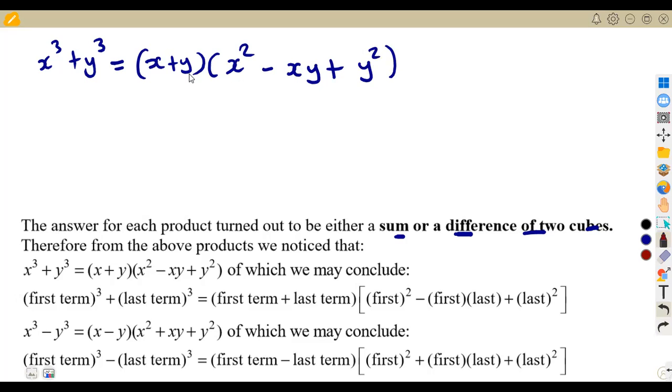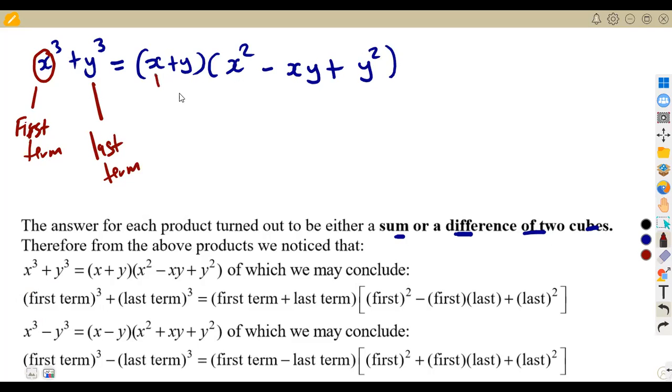So what does this part mean? It means this x raised to the exponent of 3 is your first term, just like what you're given here. Then this represents your last term that is raised to the exponent of 3.